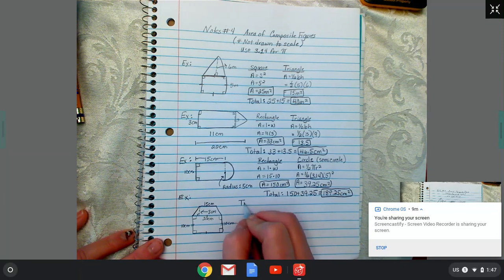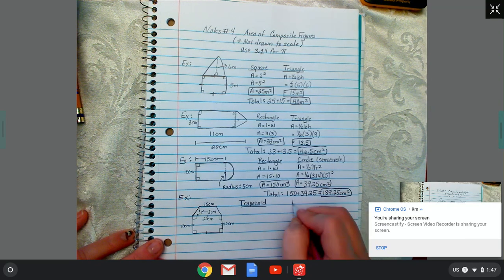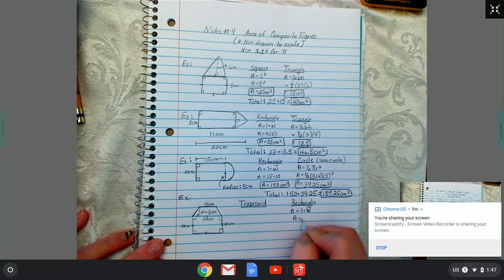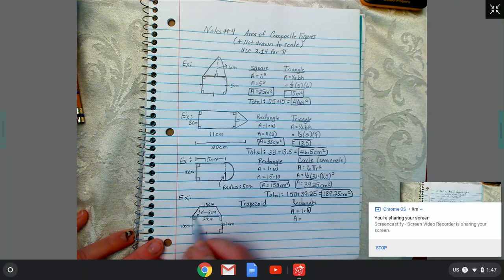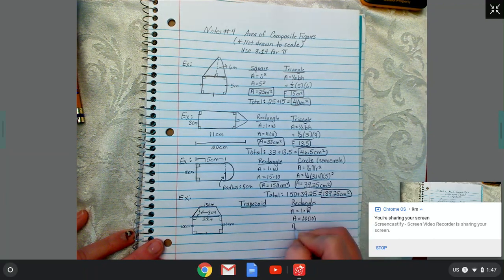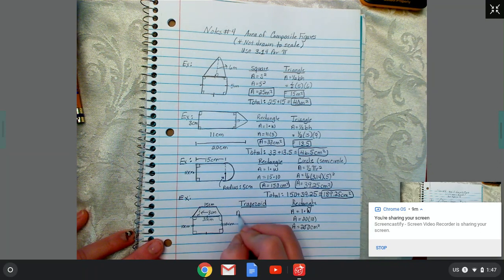Okay, so we got trapezoid and we've got rectangle. By now we should be pretty good at rectangle, the length and the width in any order. Okay, trapezoid's one we've not talked about today. Base 1 plus base 2 times height, then you got to take half of that.